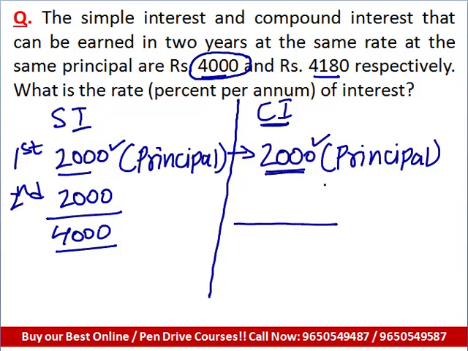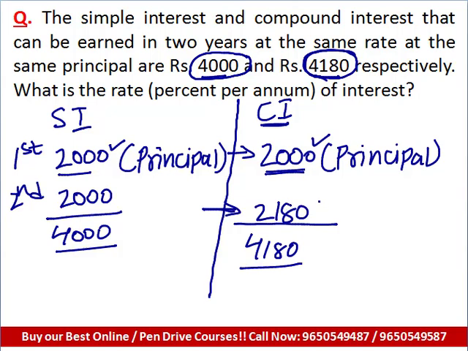Now ask yourself, what is the total interest that you have earned in 2 years? In case of compound interest, the total interest is 4180 rupees. It automatically means, students, that in the second year, you must have earned 2180 rupees as the interest.